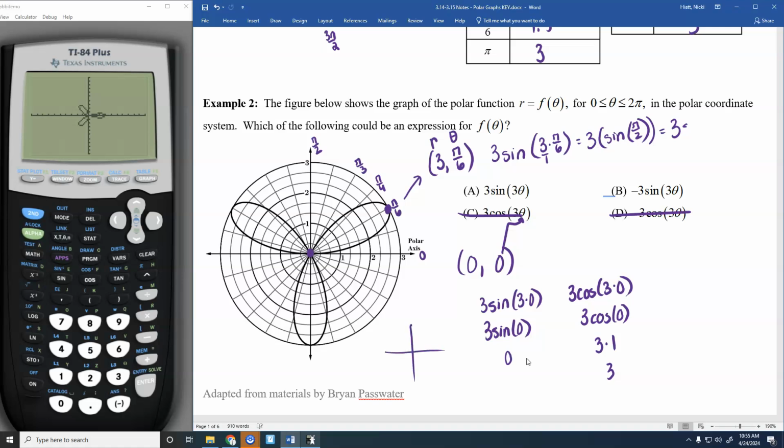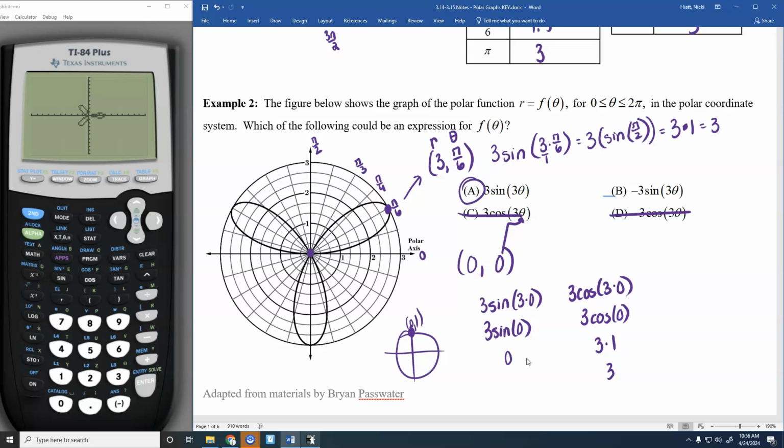Thinking on our unit circle, pi over 2 is right here. Sine is 1, right there, because that's the point 0, 1. So 3 times 1 gives you 3. And that works. So A is your answer.